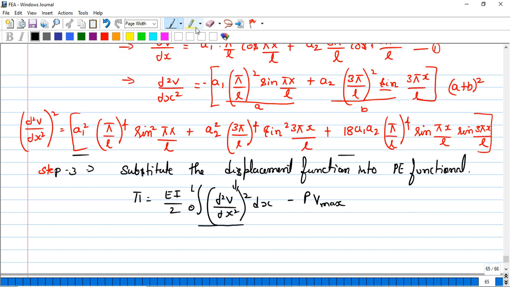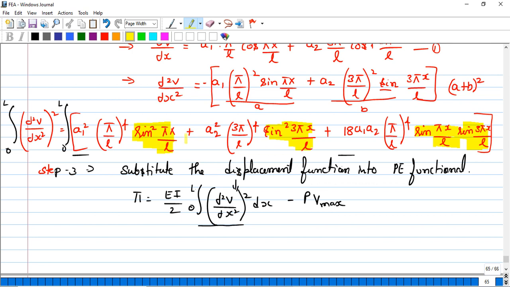Here, please check, I will be applying the integration, so I will write 0 to L and 0 to L. When I do that, I will highlight which terms I will consider. I need to consider this sin²(πx/L). I should know the integration of this, and sin² the second term and the third term, and you need to substitute the limit.